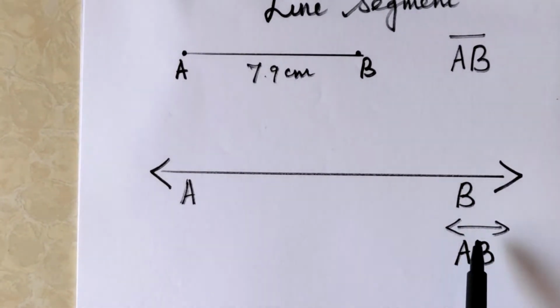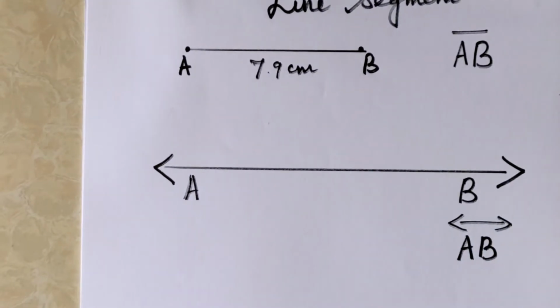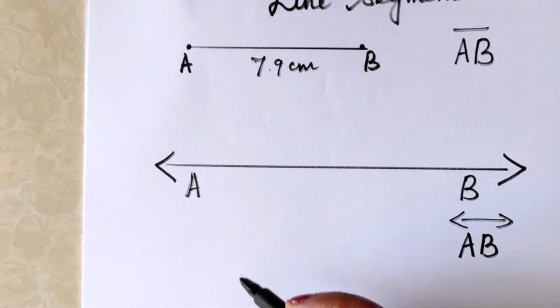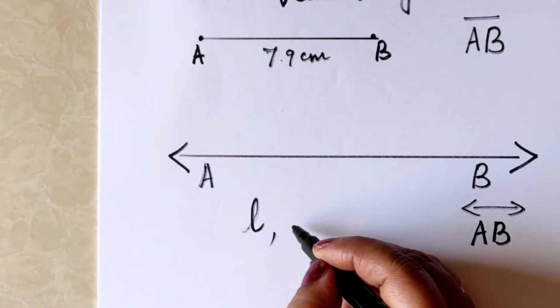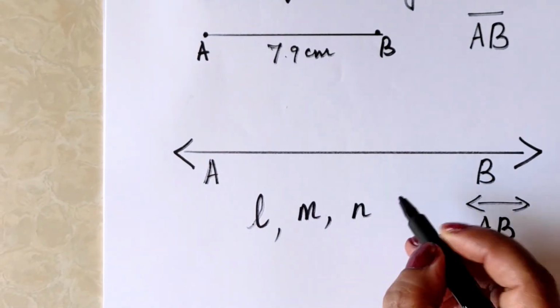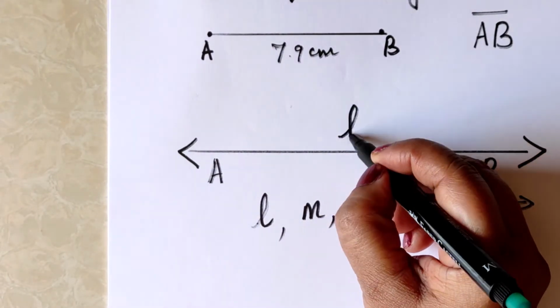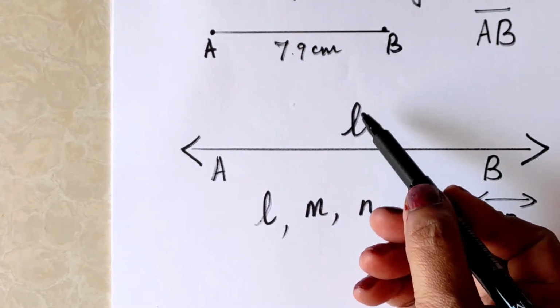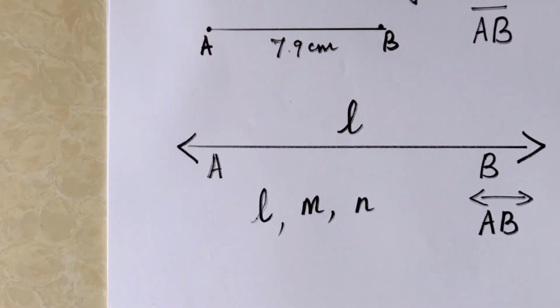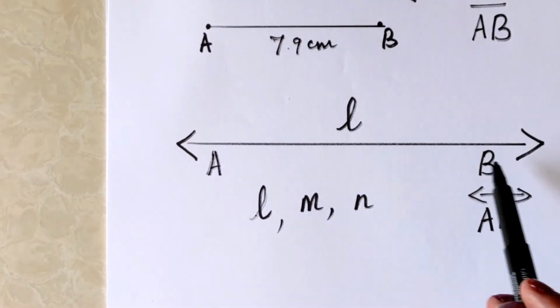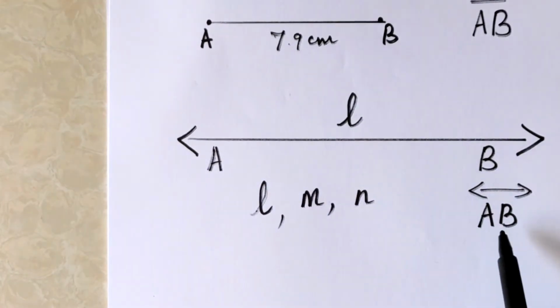A line is represented by this arrow mark, and a line can also be denoted by small letters like L or M or N. I can say this line is L, naming the line as line L, line M, line N, or something like that. Or I can use capital letters on both the sides, saying AB is a line.